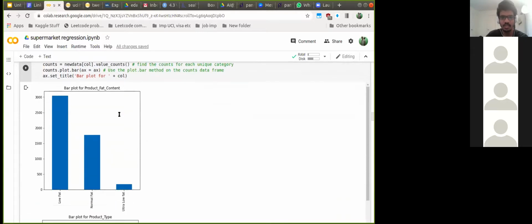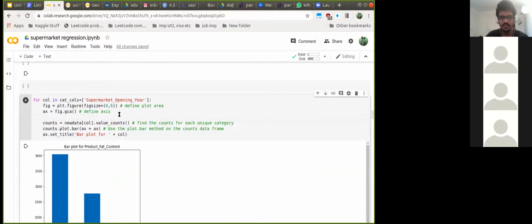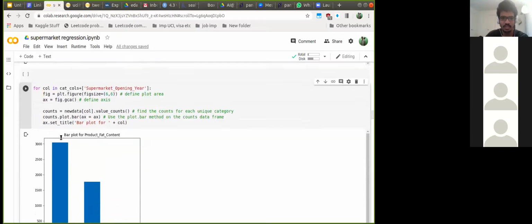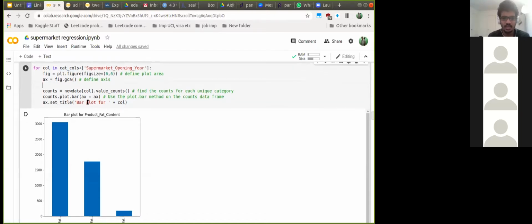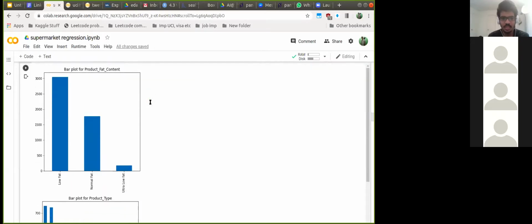As for the categorical features, I also added the opening year, which is a numerical feature, in here, because it just made more sense to add it here, since it's distributed year-wise. So it has discrete values for each year. For the categorical columns, we have the bar plot, as I mentioned earlier.